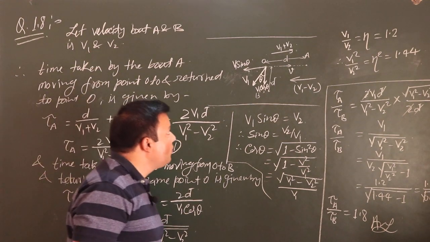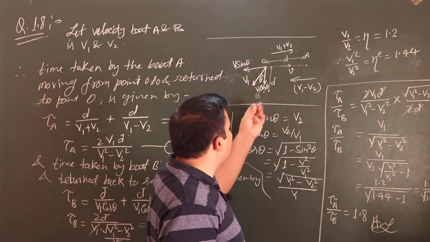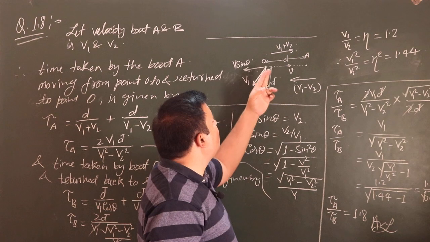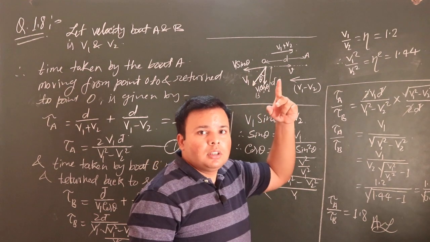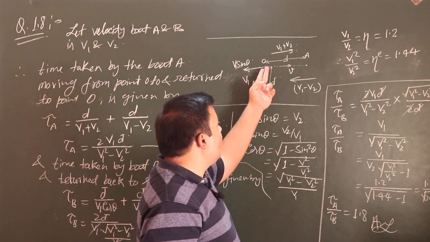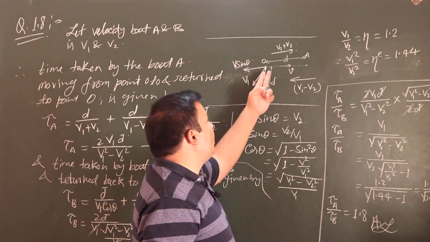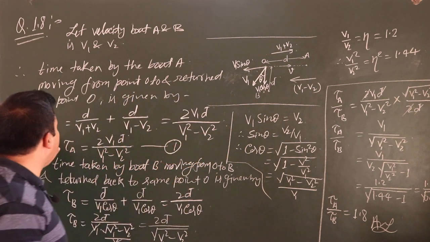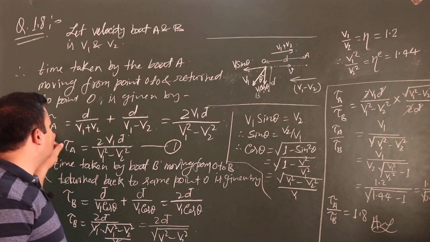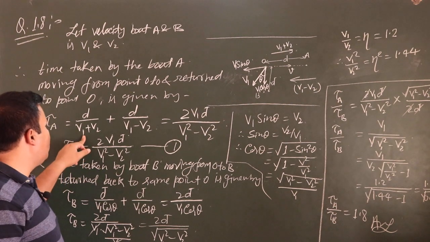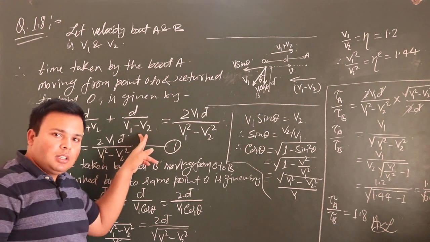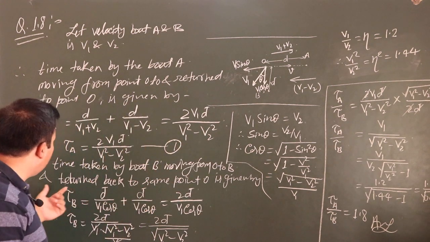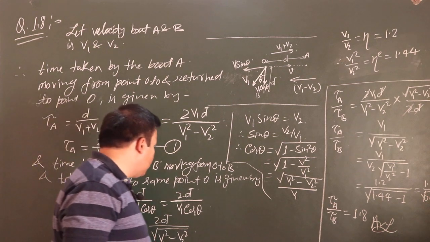According to this question, two boats are moving perpendicular to each other. One is along the direction of the stream velocity and another is across the river. So according to the first situation, the time taken by the first boat is distance upon equivalent velocity, and we get equation number 1. And for the second boat we get 2D by root over V1 square minus V2 square.